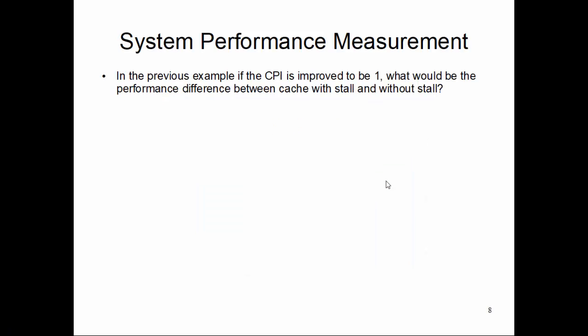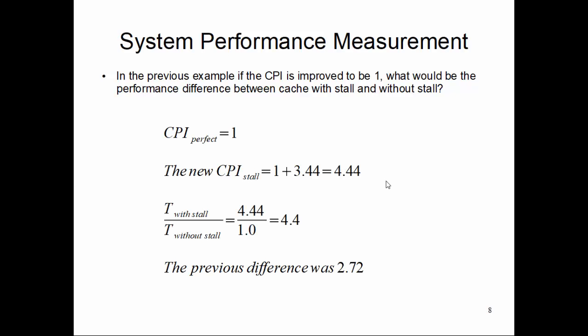For example, in this previous example, if the CPI is improved to be 1, like we are making the CPU faster, what would be the performance difference of the cache with the stall and without stall? So in this problem, your CPI perfect is 1.